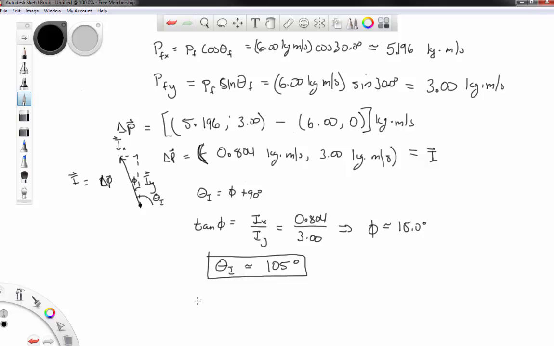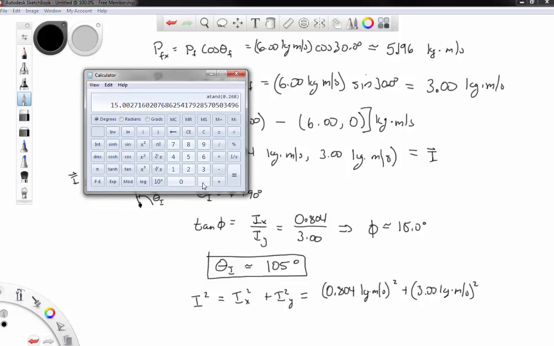Okay, so now we just need to get the magnitude, and we use the Pythagorean theorem for that. With the Pythagorean theorem, the signs of these two don't really matter. So this is going to give us 0.804 kilogram meters per second, quantity squared, plus 3.00 kilogram meters per second, quantity squared. So let's pull out the calculator again. 0.804 squared plus 3 squared is 9.